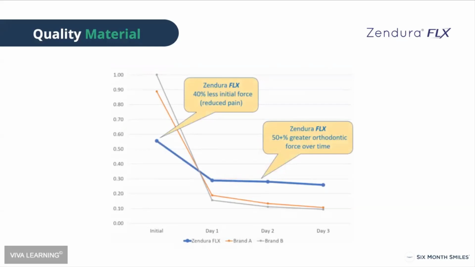It's a removable appliance. If a removable appliance, when it's in, doesn't have continuous forces for a long period of time, then whenever you move teeth, they're just going to go straight back to their initial position, because the forces don't last long enough for the bone remodeling system to action that movement.